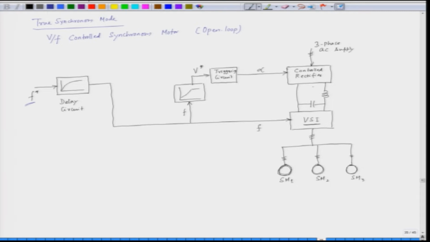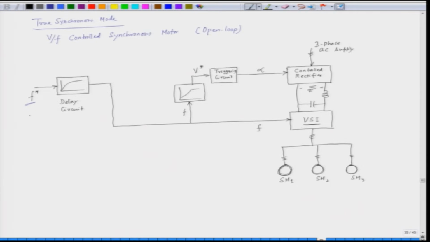We have the VDC here, that is the supply voltage, and there is a filter here which filters the VDC value, and then this feeds the voltage source inverter, and the output in this case is AC.